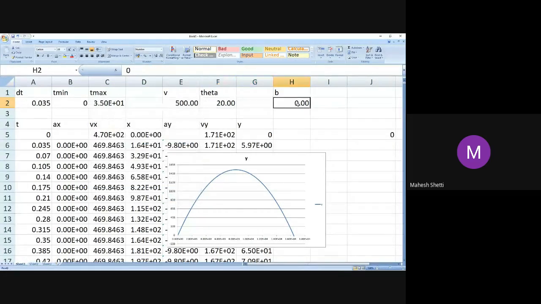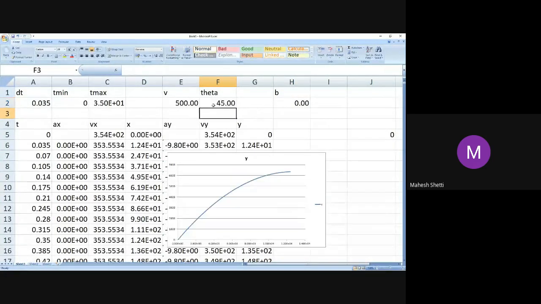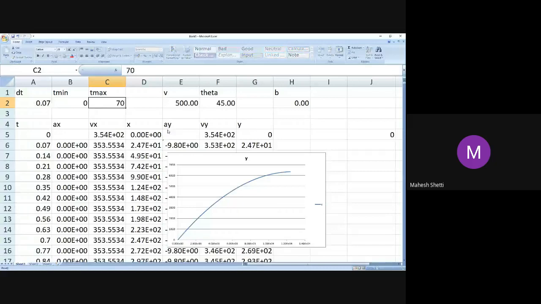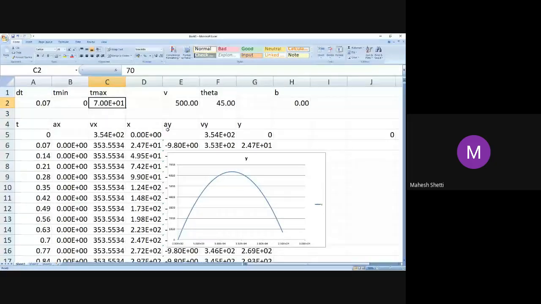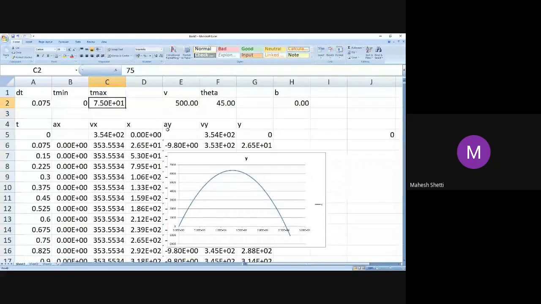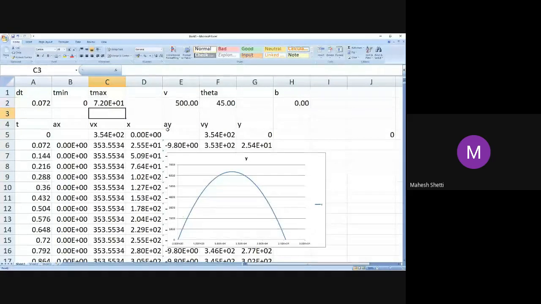Now let me take the range at 45 degrees. The time required is not sufficient. Let me take time as 70 here. It has not yet reached 75. It has gone further down. At 72, some trial and error I was doing, so at 72 seconds, it has reached here.